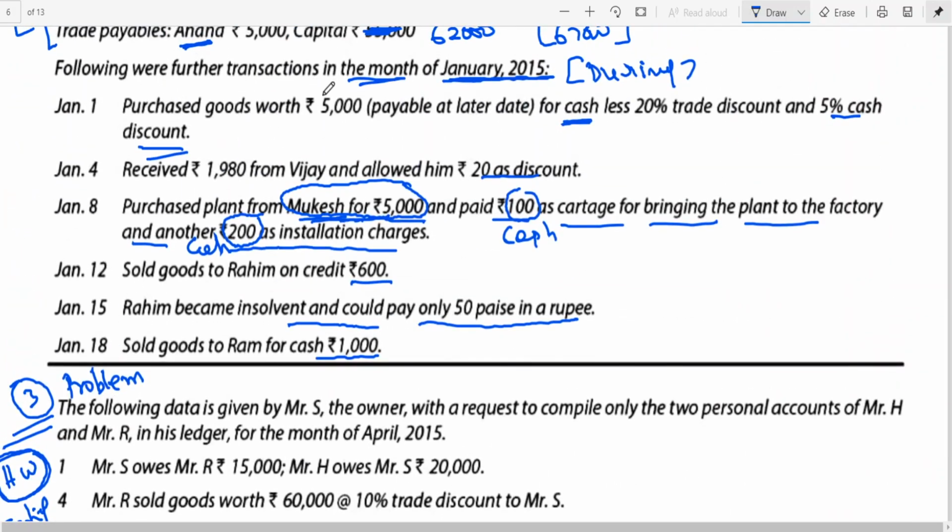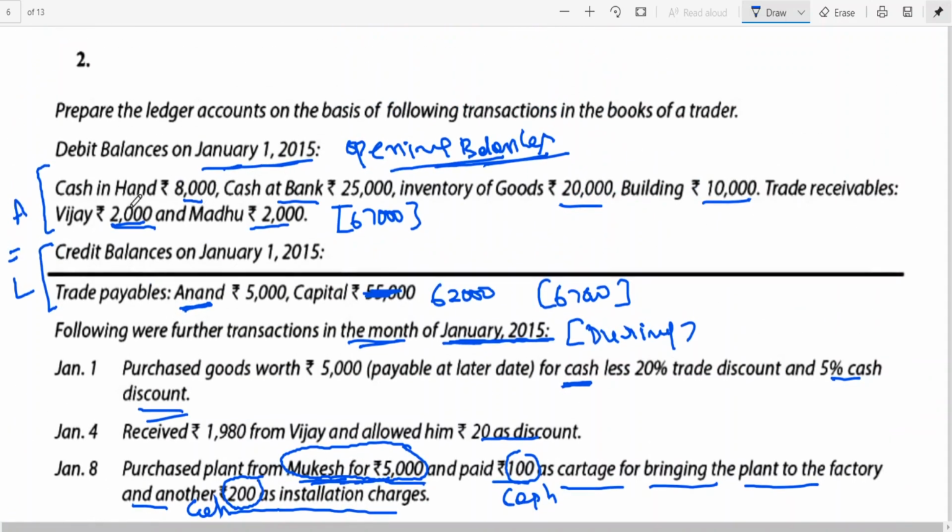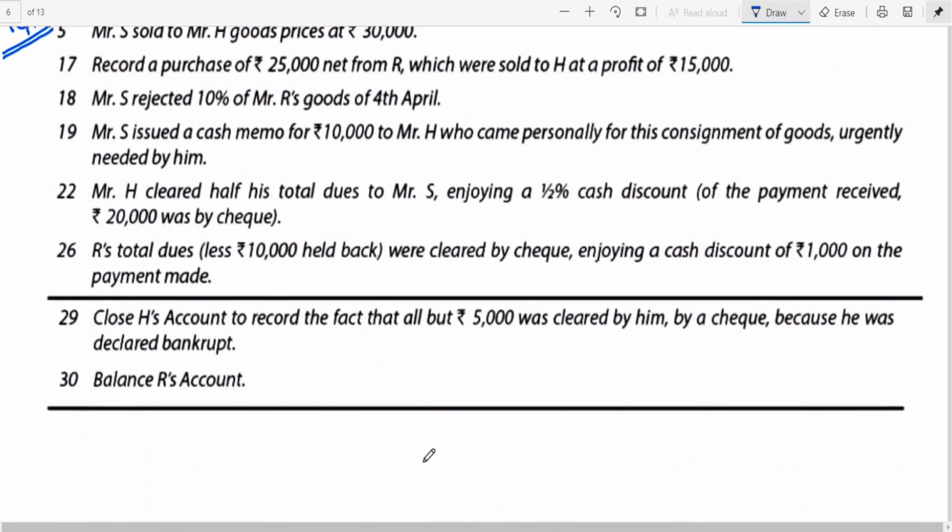Next transaction. Purchase goods worth rupees 5,000 payable at credit for cash plus 20% trade discount. Since cash has been given, I am assuming that I have enough cash of 8,000. I am paying 5,000, but with a 20% trade discount and 5% cash discount. So first let me write the entry: purchases account debit, to cash.